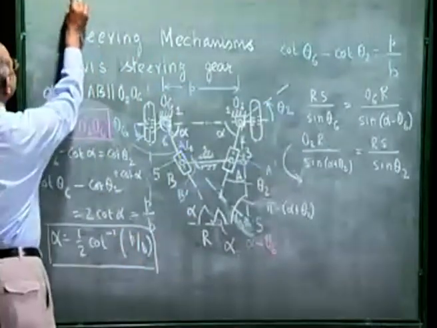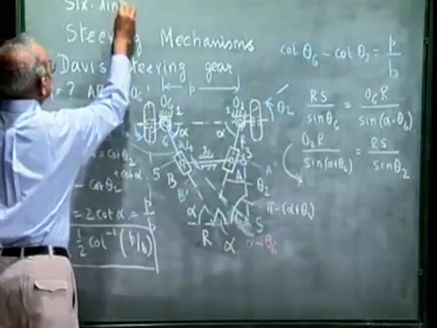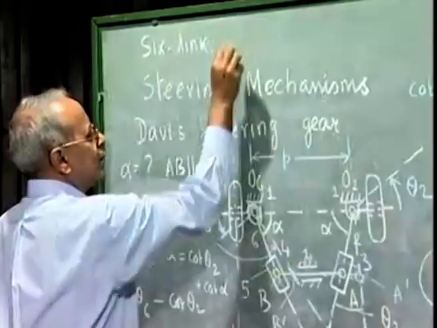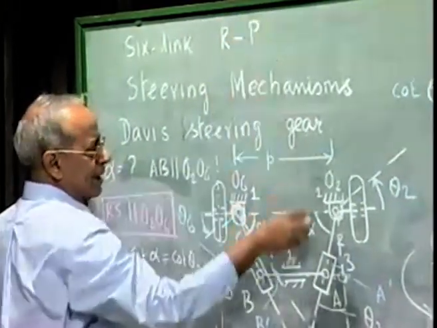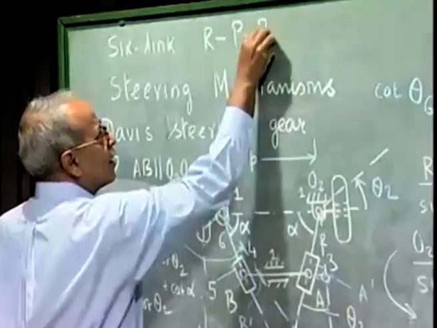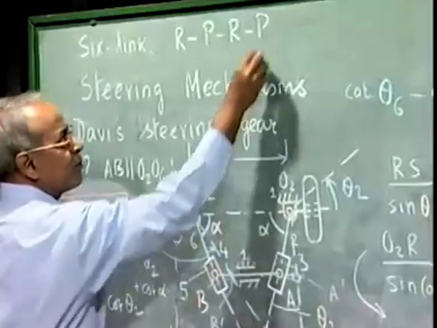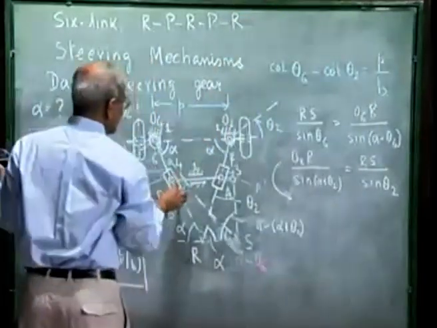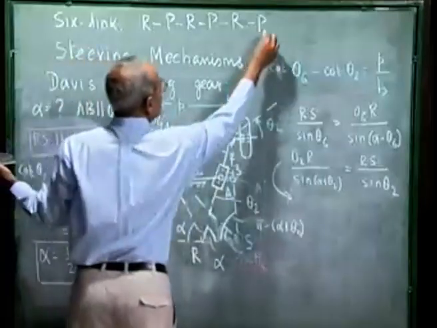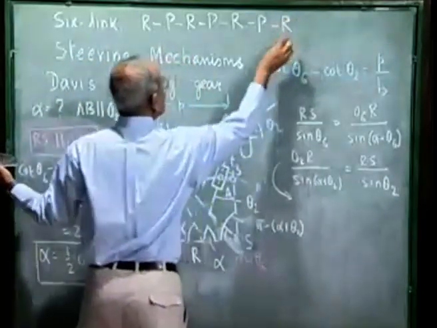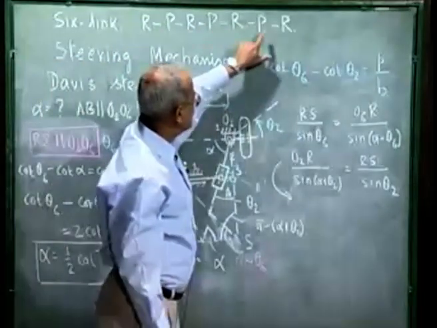So this is a 6-link mechanism where we have R, then a P pair, then again an R pair, then again a P pair, then again an R pair, then again a P pair, and an R pair.